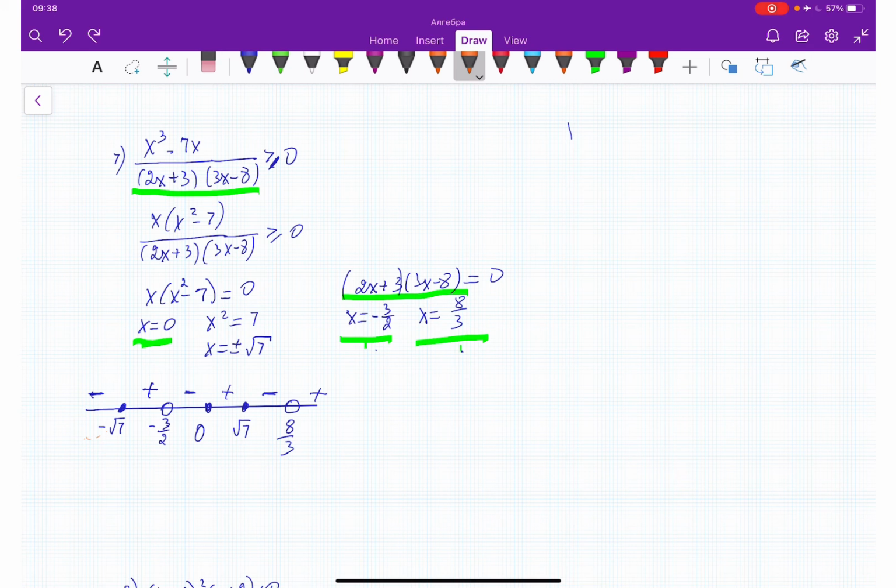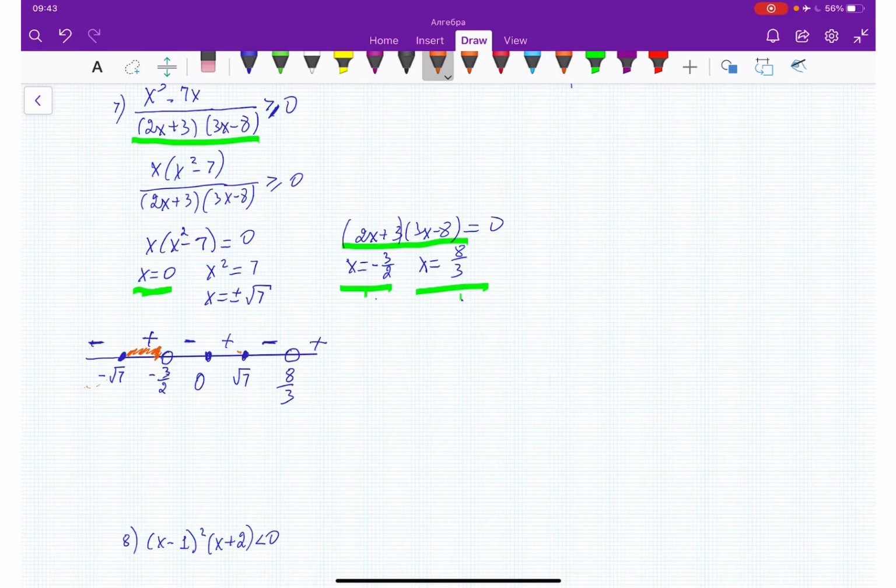So, the subject of our interest has to be greater or equal to 0, which is positive. Therefore, positive is this piece, and this one, greater than 8 over 3. Okay, so the solution is going to look like x is greater or equal negative square root 7 and less than negative 3 over 2.